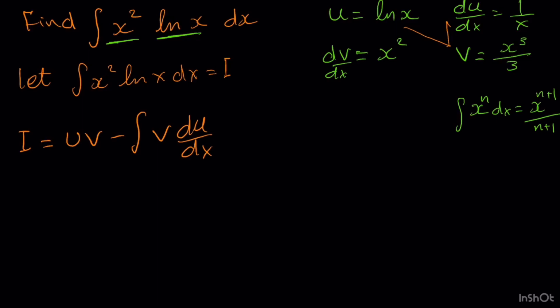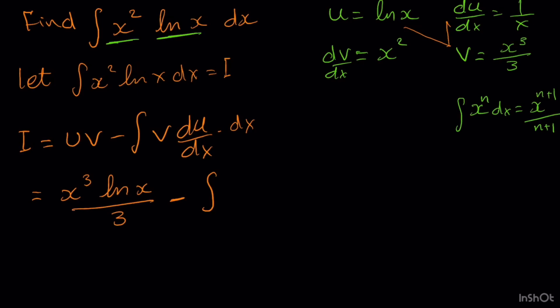Okay. So uv is x cubed ln x over 3, that's uv, minus the integration of v, which is x cubed over 3, du is 1 over x, yeah?